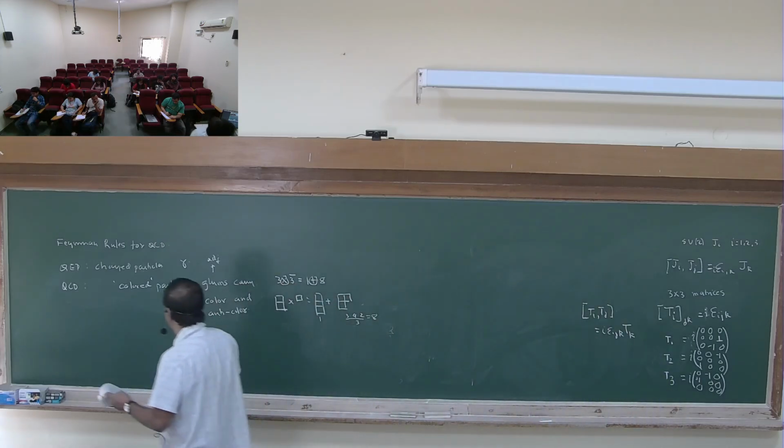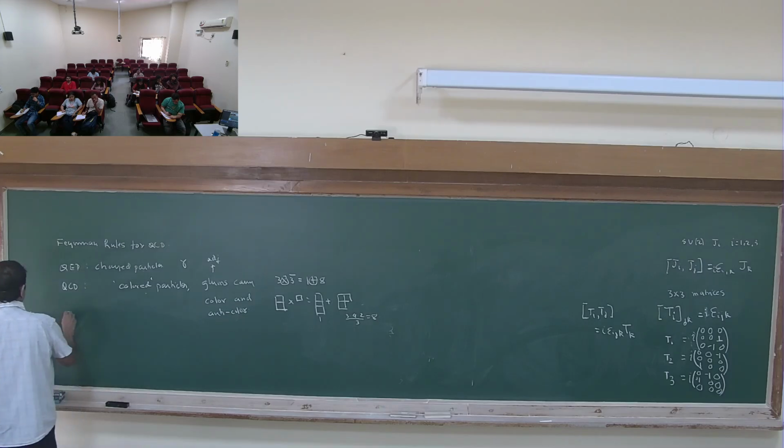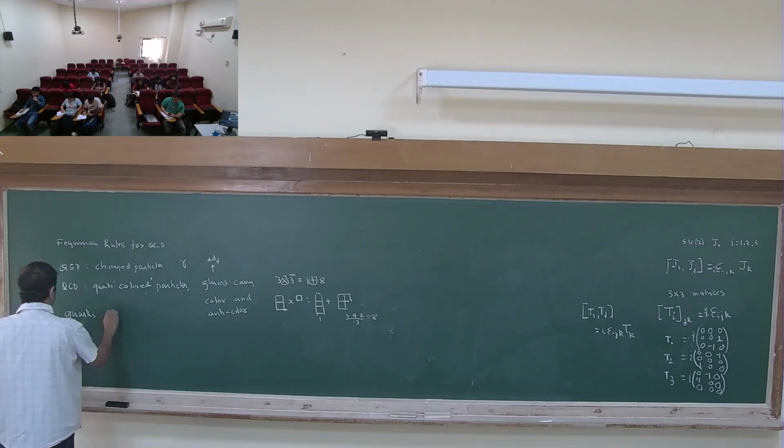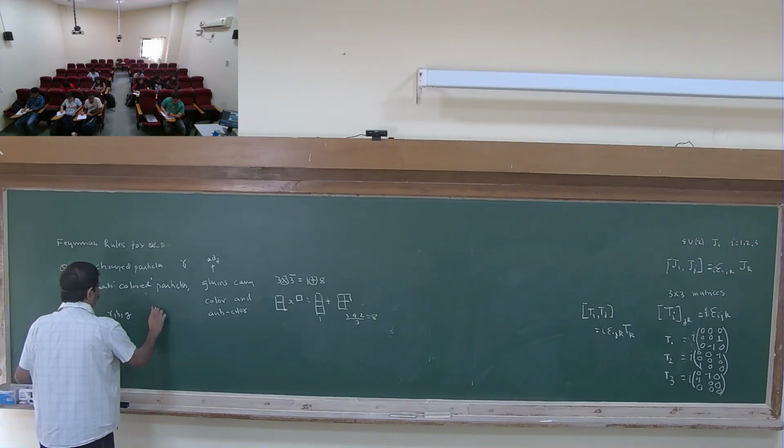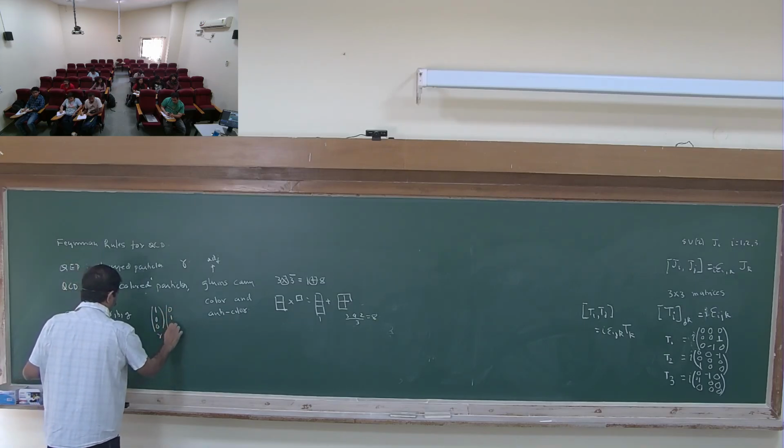So if you have quarks, these are called quarks of course, let them carry RBG, and they can be represented by 3 column vectors like this: 1 0 0, 0 1 0 and 0 0 1.